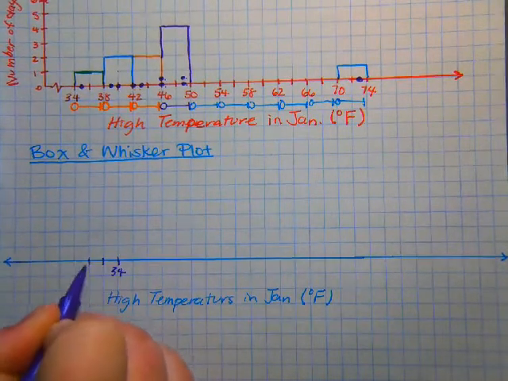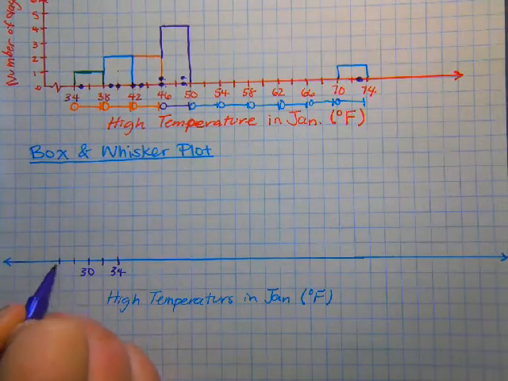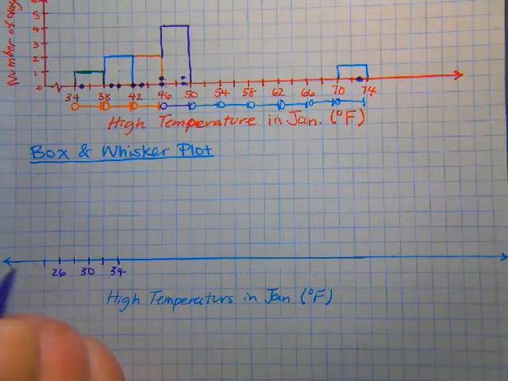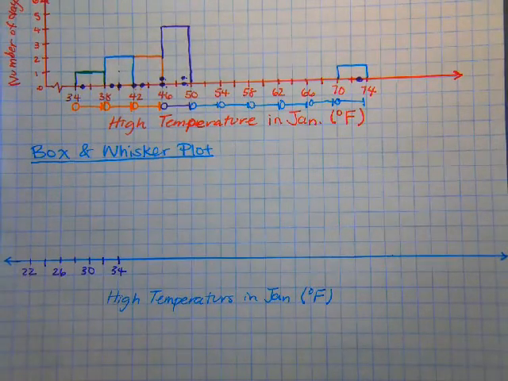So 32, 30, 28, 26, 24, 22. Okay, and that would be 20.